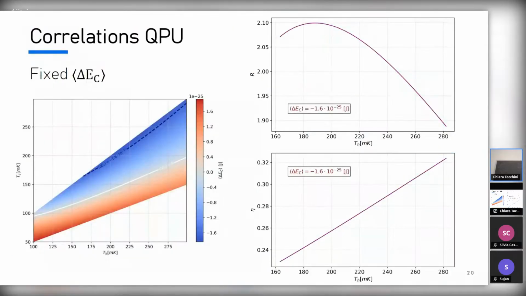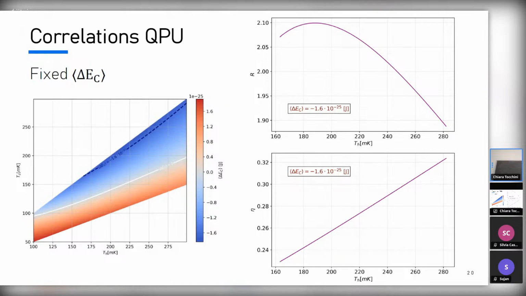Then I look at the same quantities, but reconstructing the total final density matrix via quantum state tomography. So we see how the correlation that builds up during the implementation on the quantum hardware affects the performance.